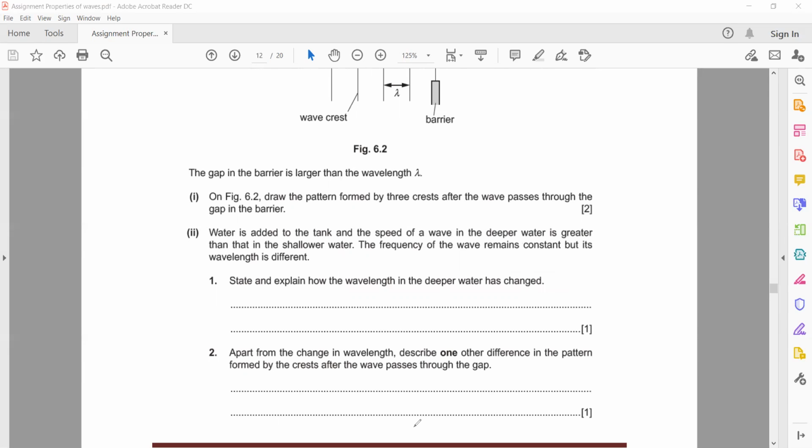This is about refraction. So in which case will it have a greater wavelength?